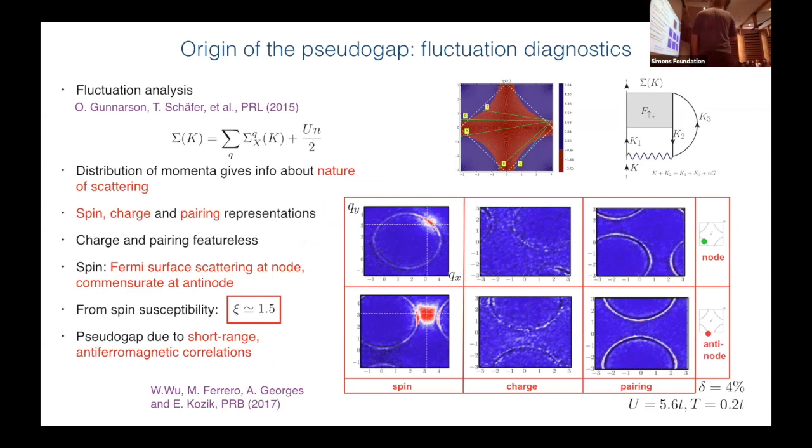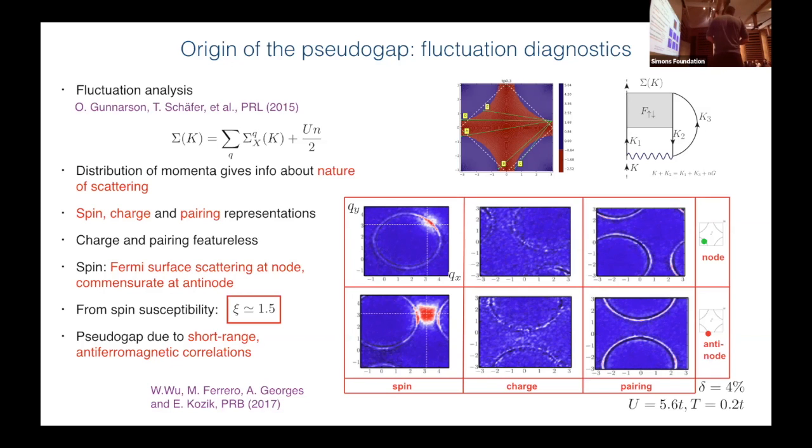The idea is basically you decompose the contribution to the self-energy in pieces, as a sum over transfer momenta of contributions that you can look at in different channels, either the spin channel, charge channel, or pairing channel. Try to understand what it is that reinforces this.